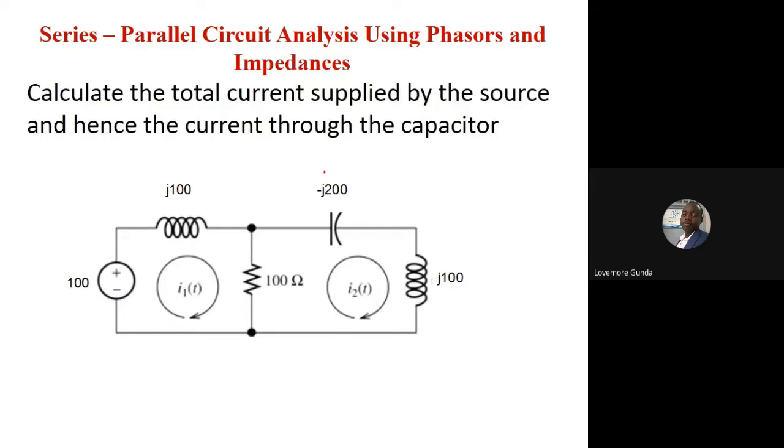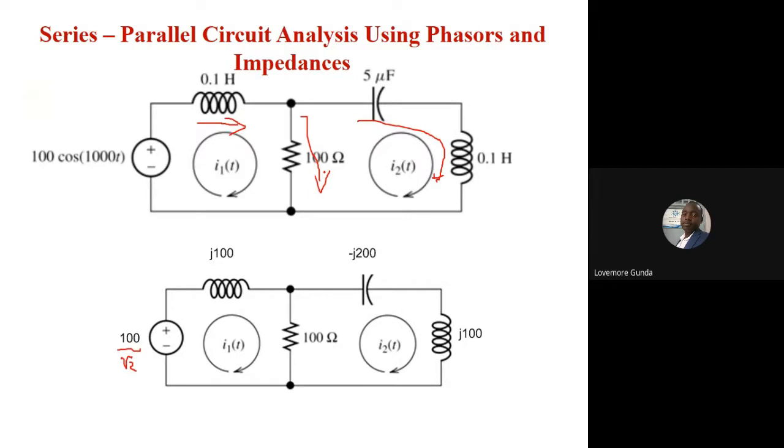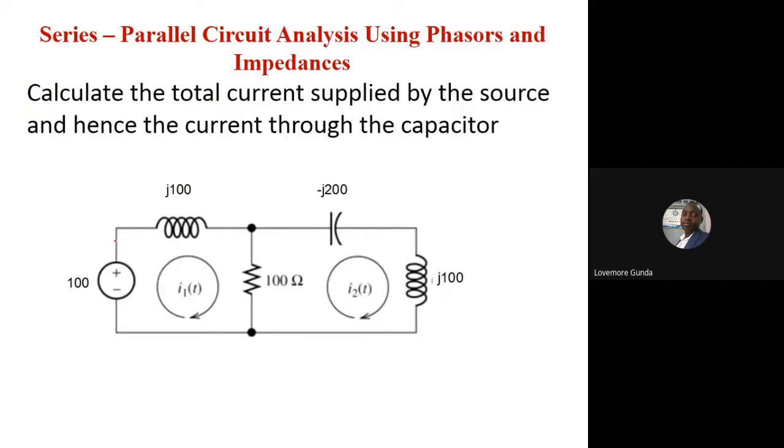Then another example: calculate the total current supplied by the source and hence the current through the capacitor. That is the question. I think I had not given the question there. So calculate the total current supplied by the source and hence the current through the capacitor.